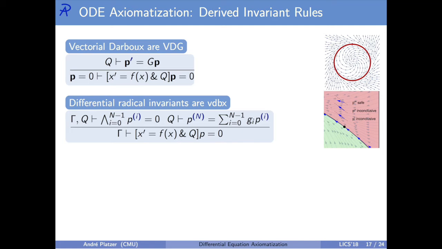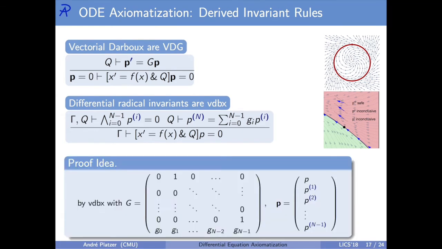If you had n equals 1 here, then it would just mean the first Lie derivative is a function of p0, right? And now you say, well, that's okay if just the second Lie derivative is a function of the zeroth and the first Lie derivative, and so on. And now, how do you argue why differential radical invariants are correct to be used without having to believe in them?